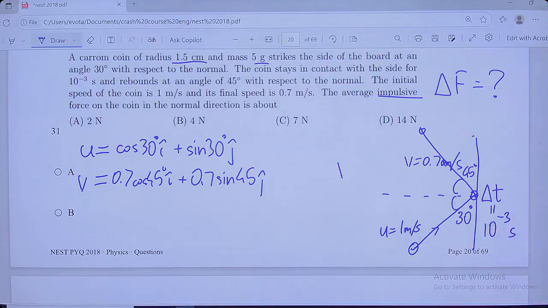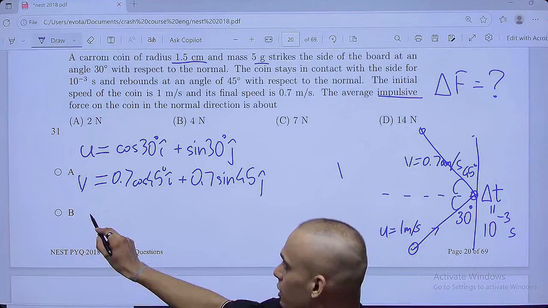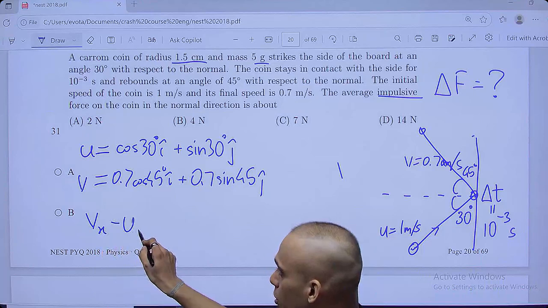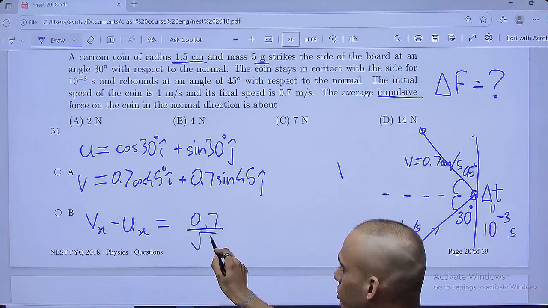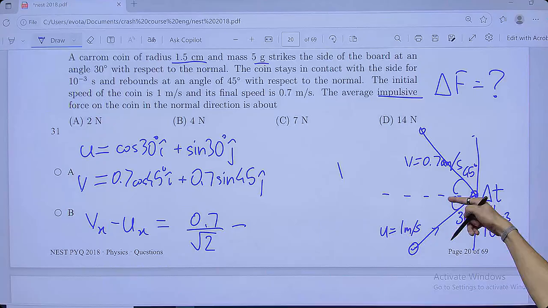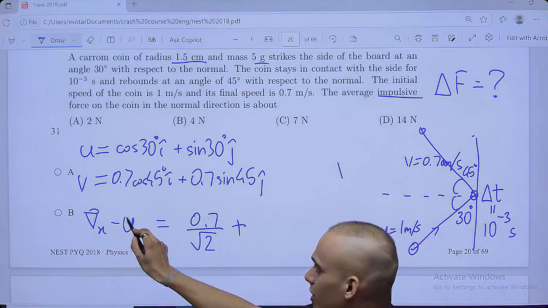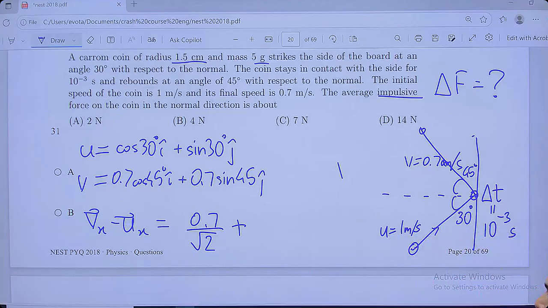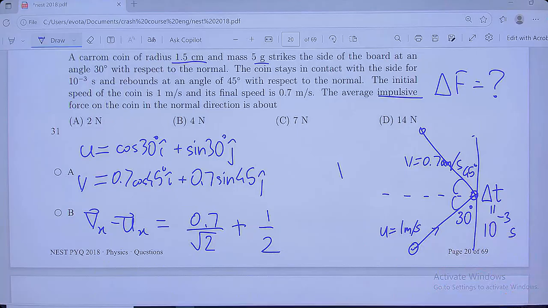So if we take into account the change in momentum here, delta v in the x direction, so vx minus ux, we can write as 0.7 upon, cos 45 is root 2, minus of, it will actually be plus because the final velocity is in the negative direction. So if we take into account the vector forms, then 0.7 by root 2 plus cos 30 degrees, which is basically root 3 by 2, is what we get as the change in momentum. This will be the value of change in momentum.